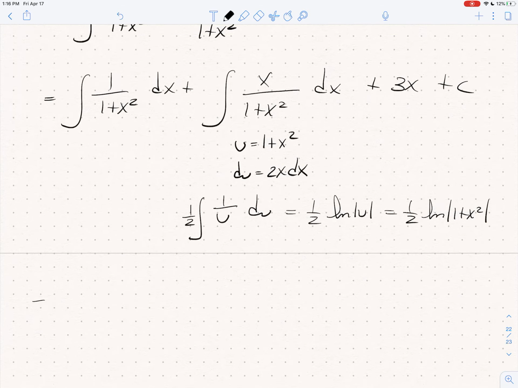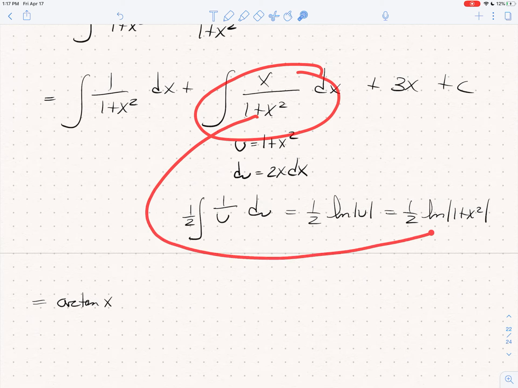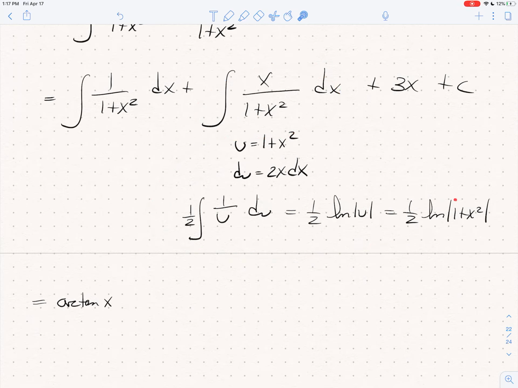So let's try and put all this together. This is a lot, I realize that. This function is just arctan of x. This indefinite integral we worked out and we got to here. We're going to drop the absolute values, because we know that what's inside is always positive.